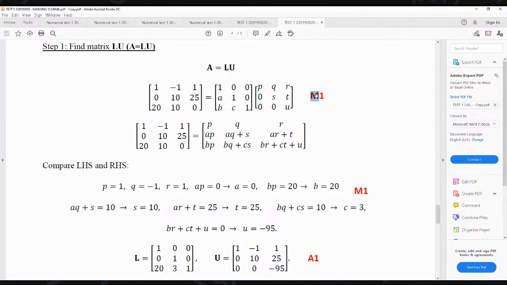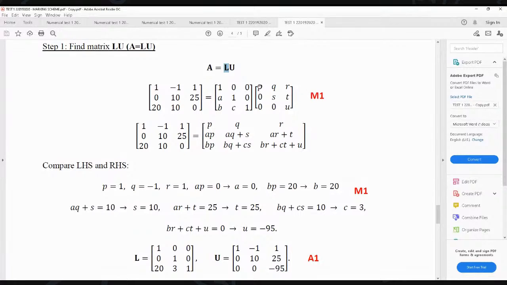So we give you method marks because you already know what you want to change, what you want to decompose, what you want to partition. So the lower matrix entries will be equal to 1. That's what we call the Doolittle method.